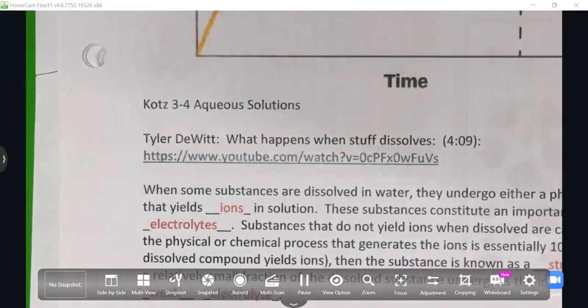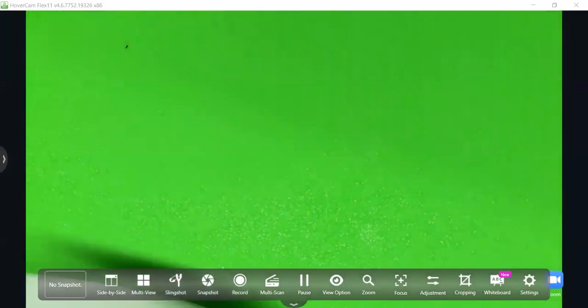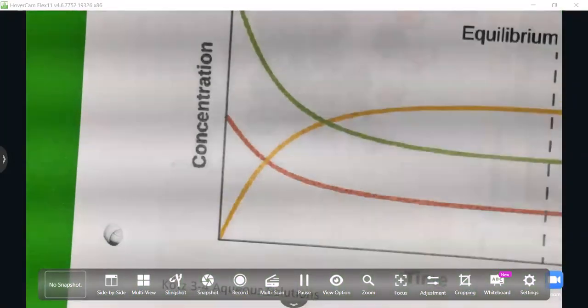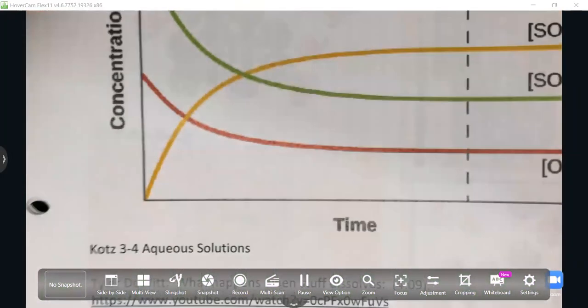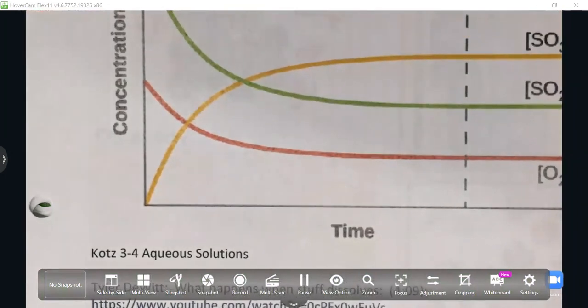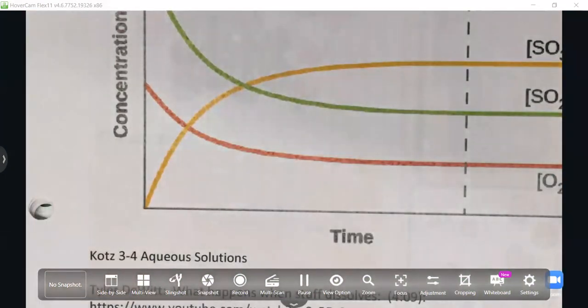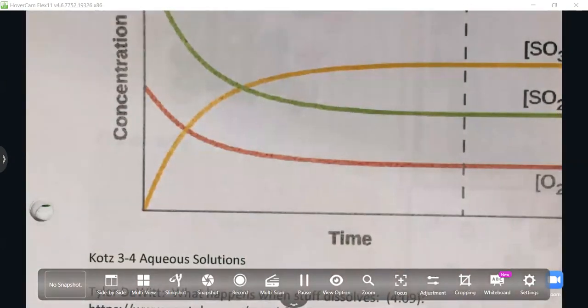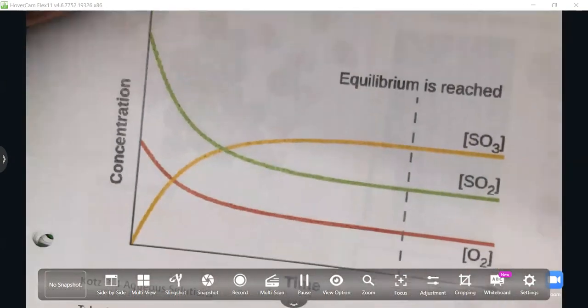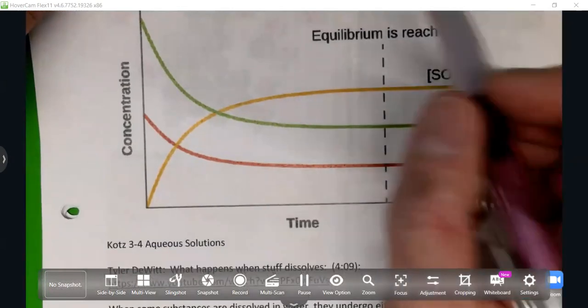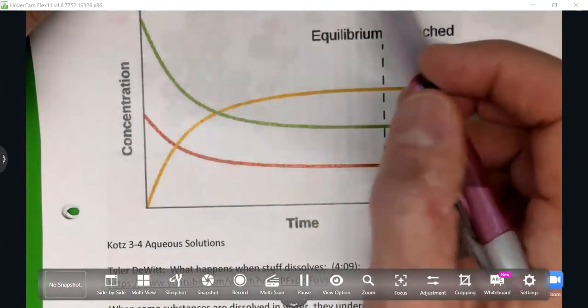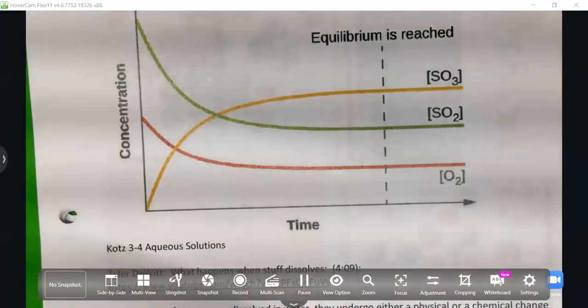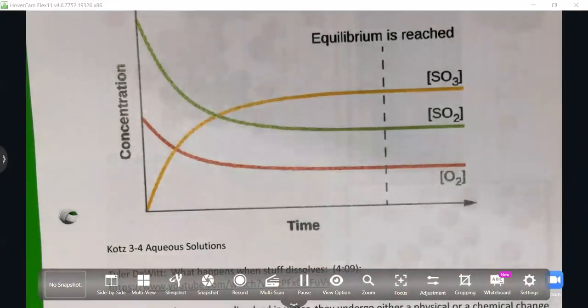All right, let's go to the next page. We are just going to talk about this in case you see it. I wish we delved into this more, but so far we've only talked about reactions, and we just assumed that everything went from reactants to products, and the reaction is done.